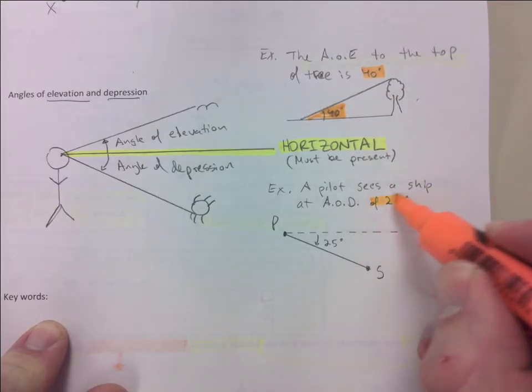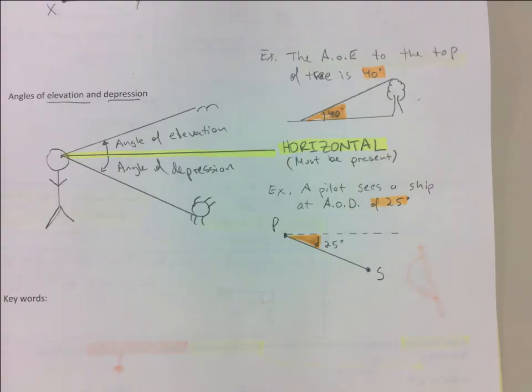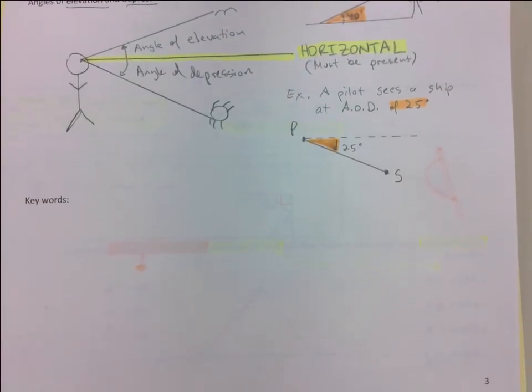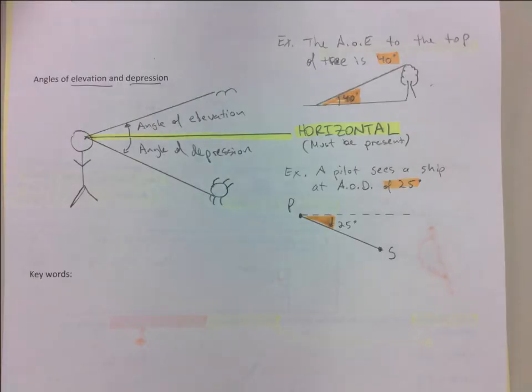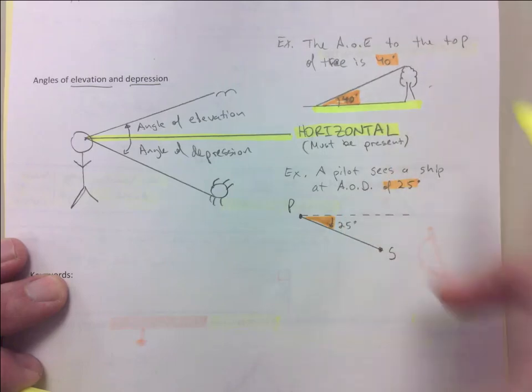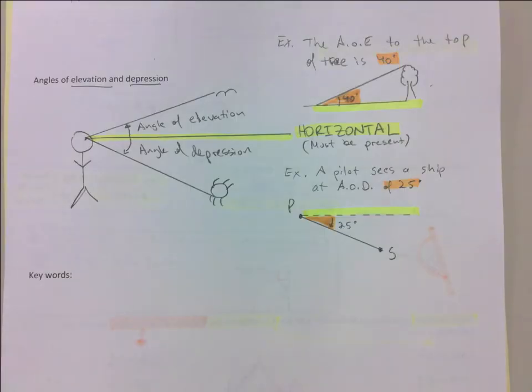And here, the 25 went in between here. That is the angle of depression. So there we go. Let's keep going. Oh, both of them are missing the most important one, the horizontal. Okay, the most important one for both of them, for them to work, is the horizontal.